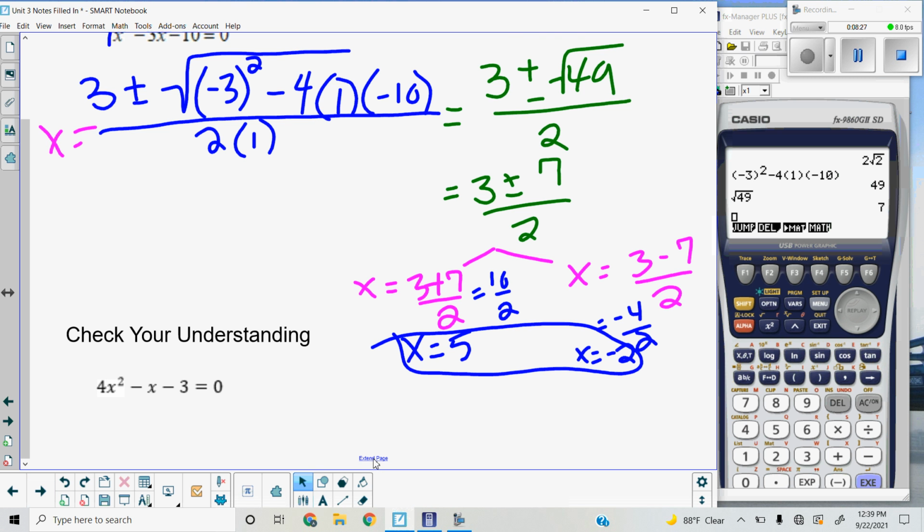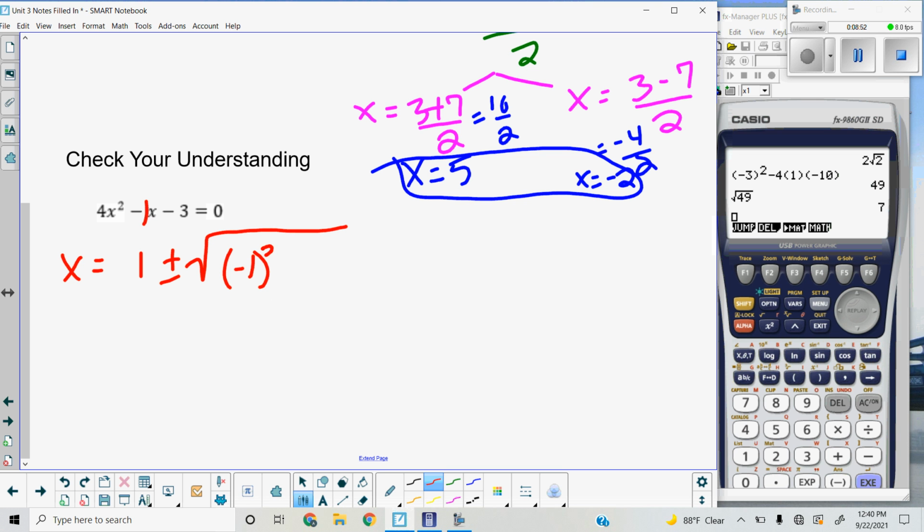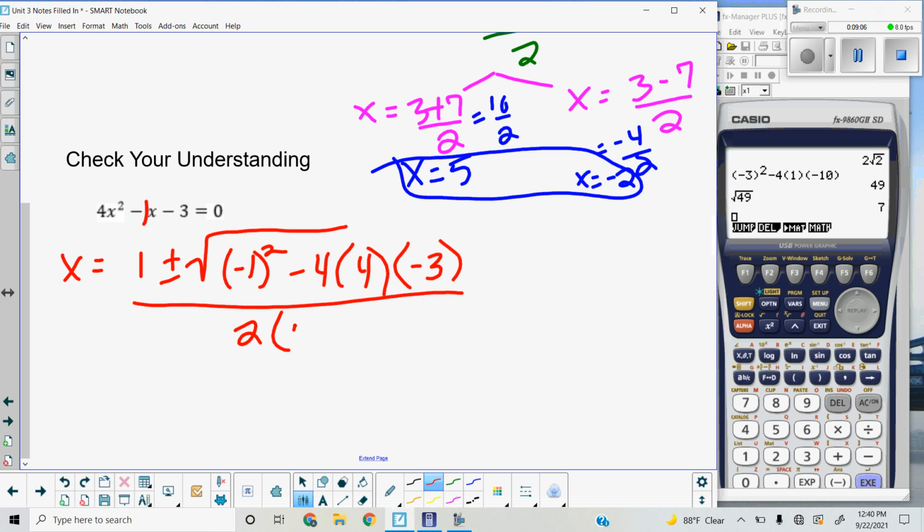So just plugging everything into your calculator pretty much. Another example, x equals, b is negative 1, so we could say that's a positive 1, plus or minus the square root of b, so negative 1 squared, minus 4 is part of our equation, a is 4, c is negative 3, over 2 times 4.